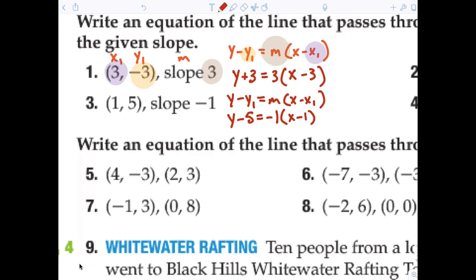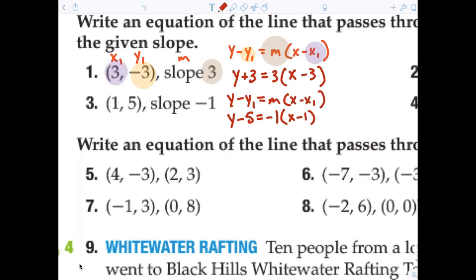Now, I would like for someone to say, well, I'm not sure what you're doing. Anybody have any questions? Because I'm going to go on something a little bit harder now. Everybody should be good with number 1 and 3.